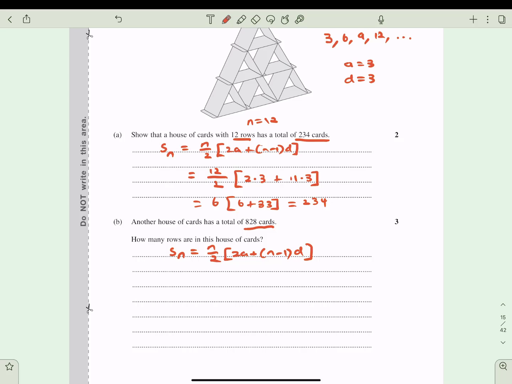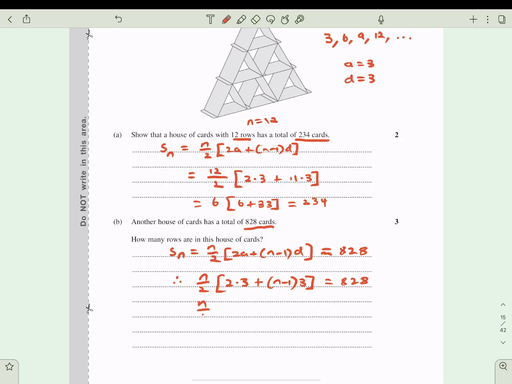We know, however, the series formula should equal 828. So that's the information we do know. So let's sub in all the values that we know. We still know that a equals 3 and d equals 3. So therefore, n over 2 times (2 times 3, plus (n minus 1) times 3) equals 828.